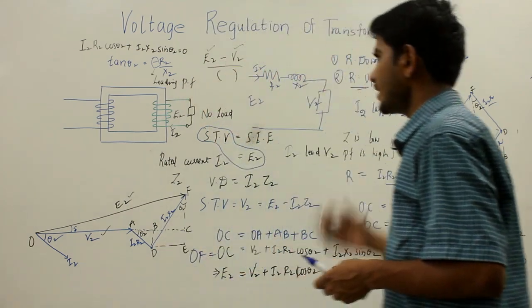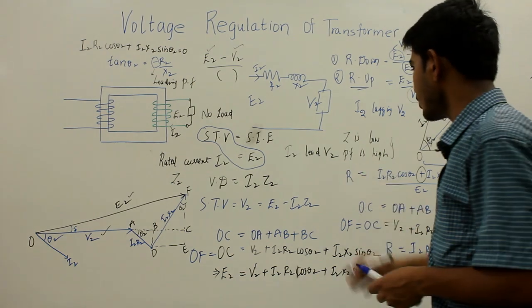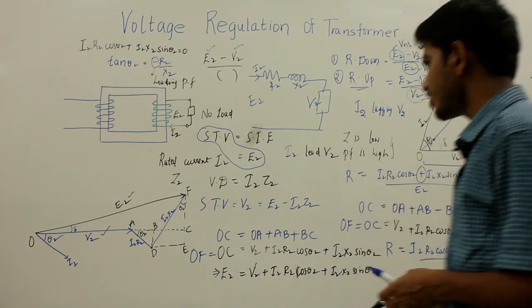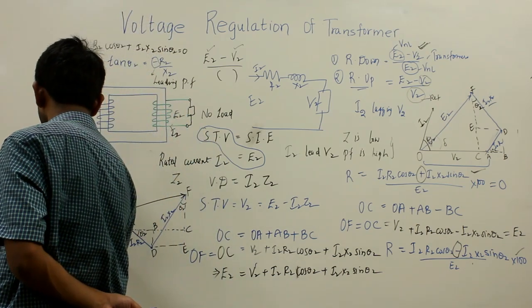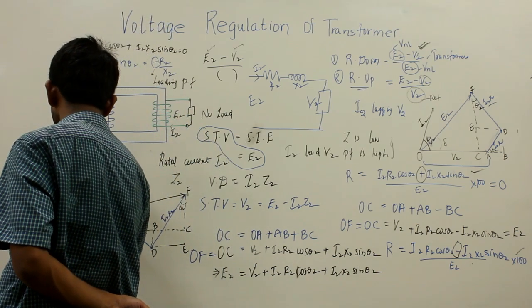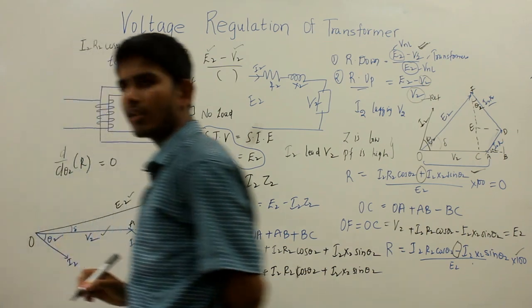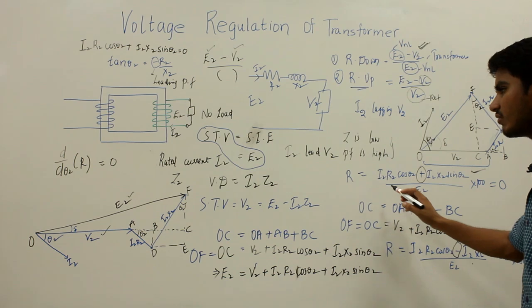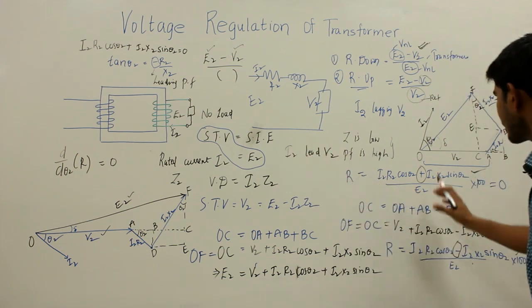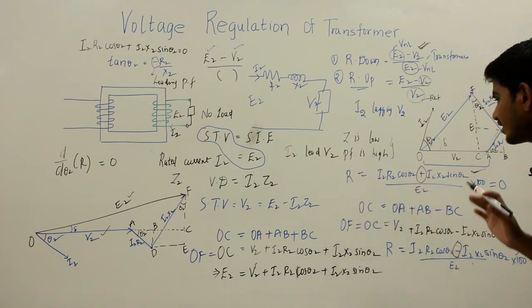Now let us find the condition for the maximum regulation. For the maximum regulation, we have to put d by d theta of the regulation equal to 0. If I differentiate this regulation with respect to theta 2, I will get the maximum regulation condition.